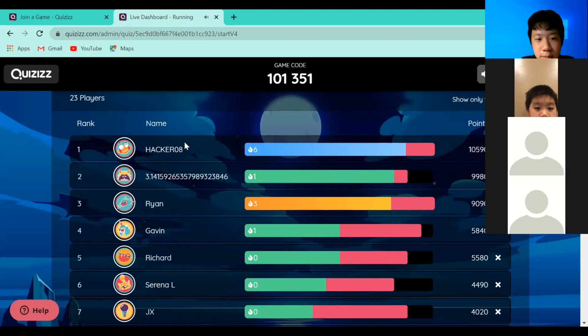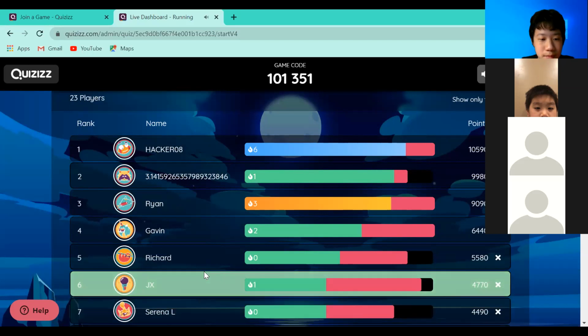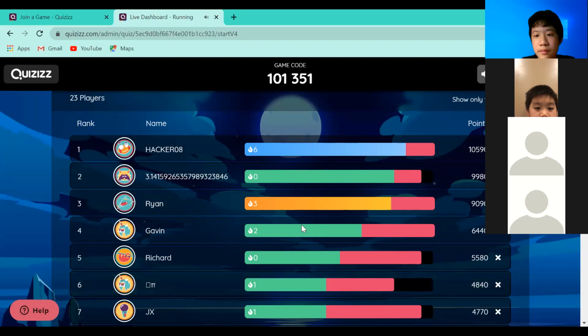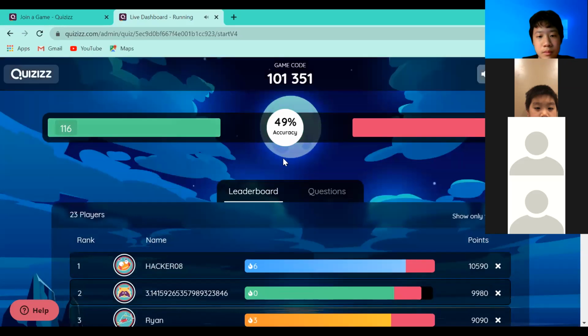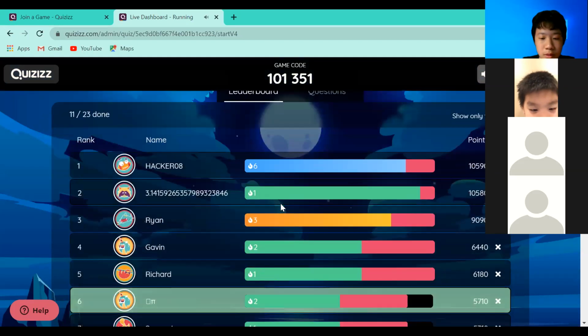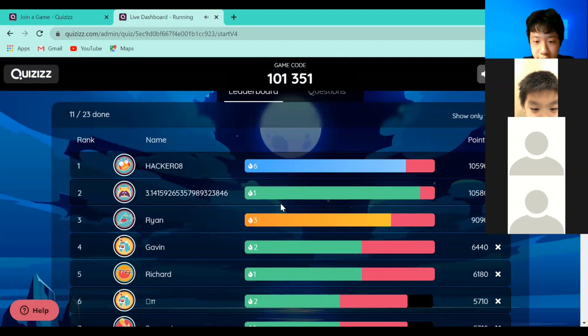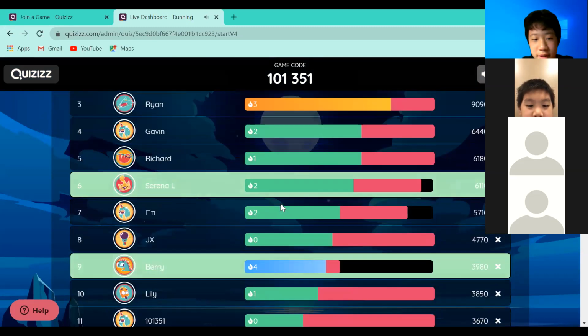So right now the leaderboard is number 1, Hacker08, number 2 is Pi, number 3 is Ryan, number 4 is Gavin, and number 5 is Richard. All right, it seems like top 5 has finished now. I'll give you guys 1 more minute to finish up the game.